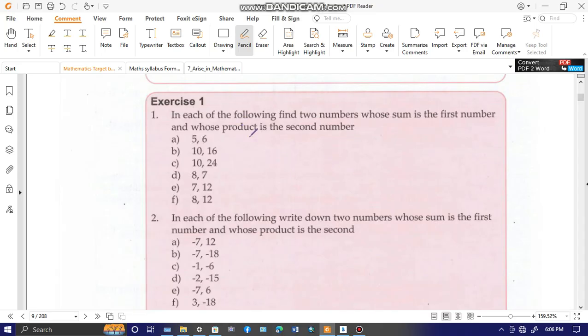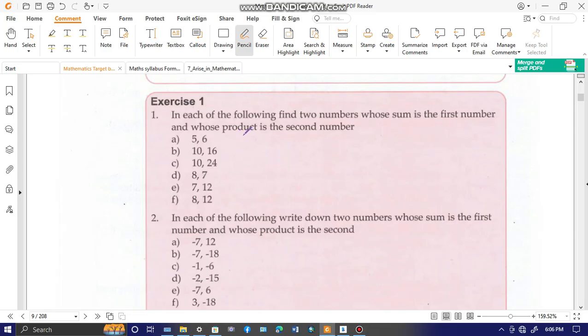So basically, we must find two numbers. When you add, they should give us the first number, but when you multiply, they should give us the second number. So if you look at 5 and 6, which numbers, when we add, will give us 5, and when we multiply, will give us 6?